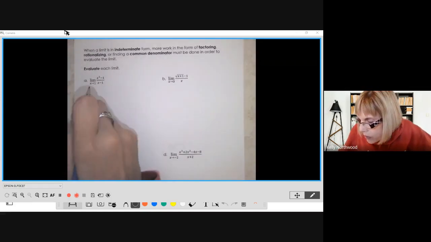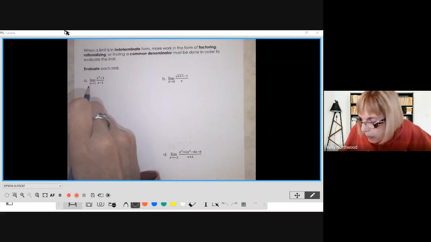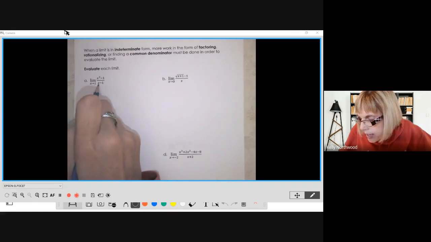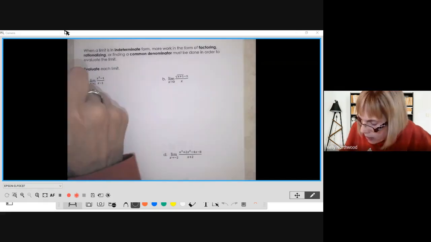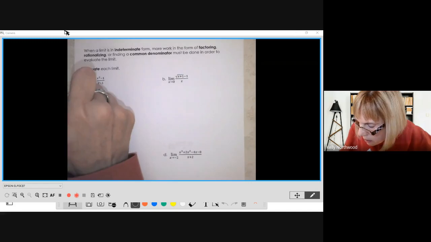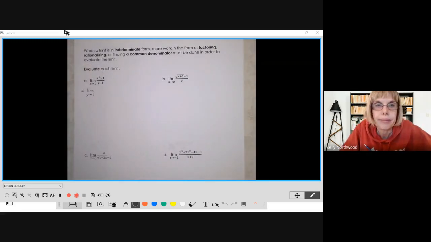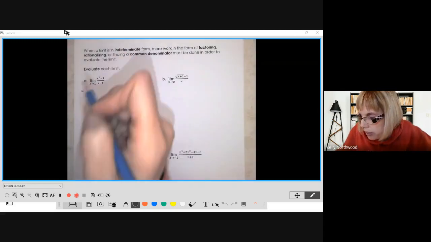Okay, so if we look at the first one here, you'd first check and see if you let x approach 1, would the denominator approach 0? Yes. So now you know you have to come up with another method other than direct substitution. Factoring is the one I always look for first, especially if it's a polynomial in the numerator.